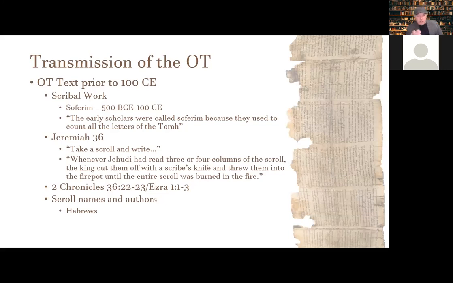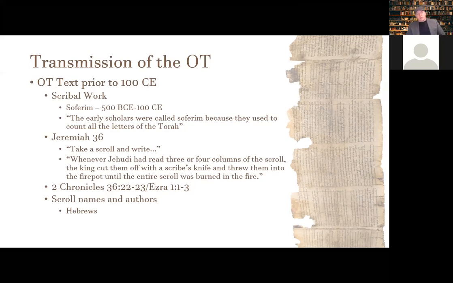If they got to the end of a page that would be used in a scroll, and they counted these letters and it was missing a letter or adding a letter, the whole work was scrapped and started over because they did not want to miss a letter. So we get this idea of the scribal work that was going on, at least in that era, the oldest era we have attestation to, as being very meticulous.